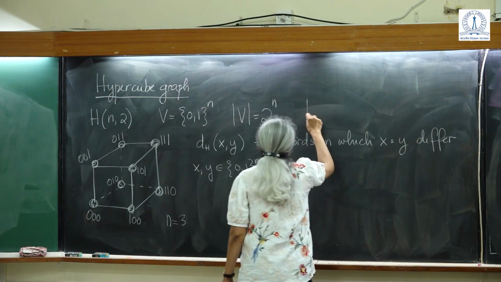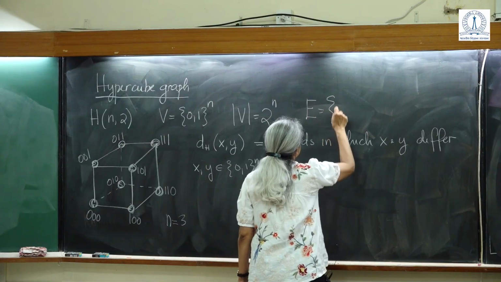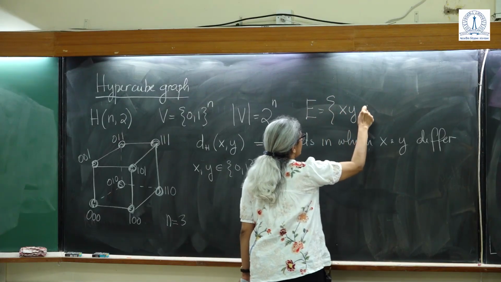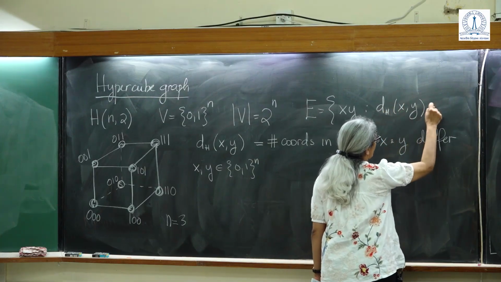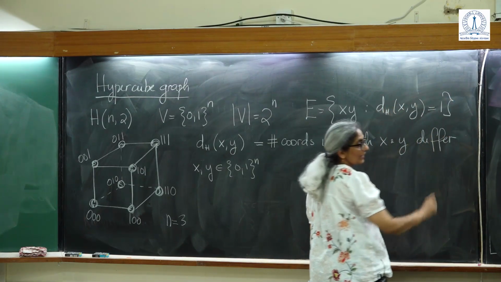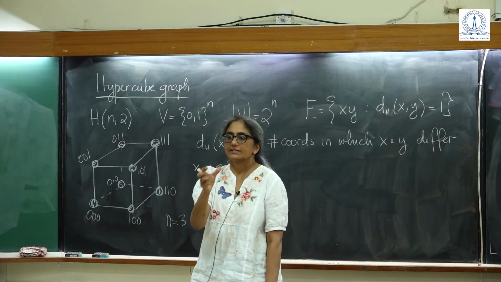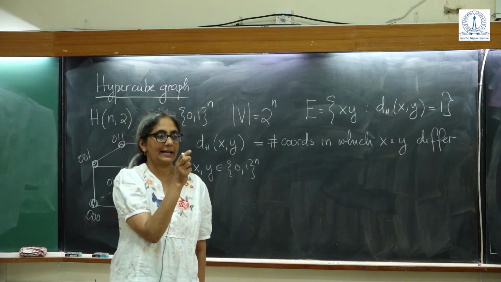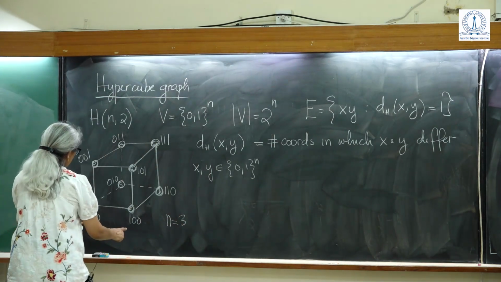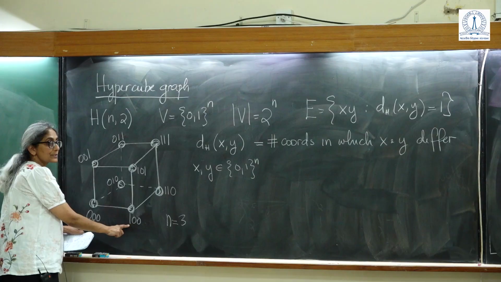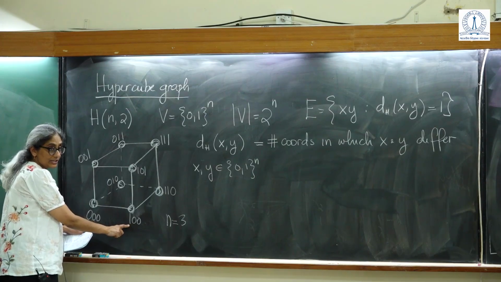So the edge set of this graph is the set of all x, y such that the Hamming distance between the two is 1. So we connect every two 0, 1 vectors that differ in exactly one coordinate. Let's quickly check. These two differ in exactly the first position, so they're connected by an edge.